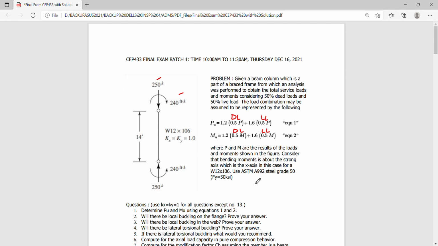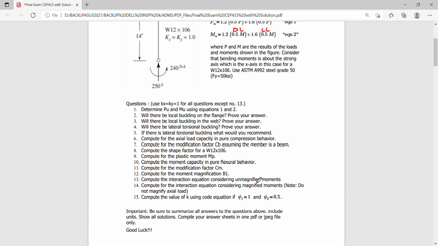We are using A992 steel grade 50 with Fy equal to 50 ksi, and we are asked to answer questions 1 to 15. These questions are chronologically arranged to give you the step-by-step procedure on how to come up with a solution on the determination of the adequacy of a beam column.